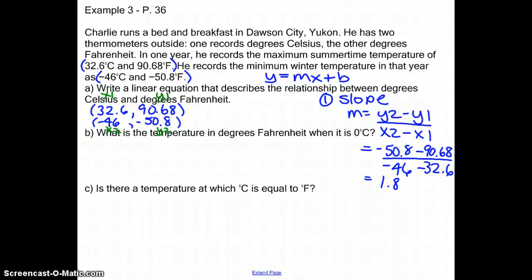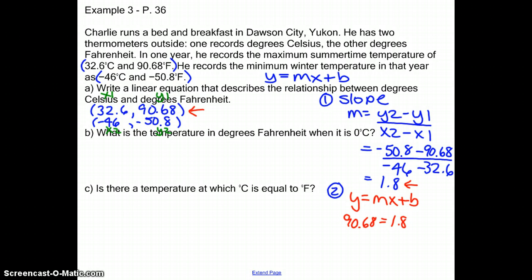Okay, then the next thing we need in our equation is to find b, or our y-intercept. So if you have a point, and we also have our slope, we can plug into our y equals mx plus b formula one point and our slope to find b. So let's take y1, which is 90.68.